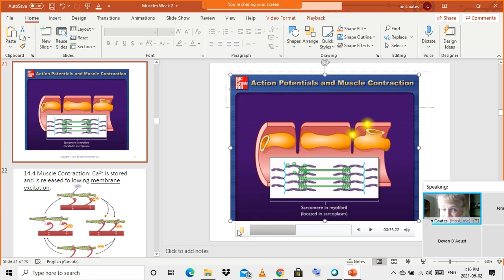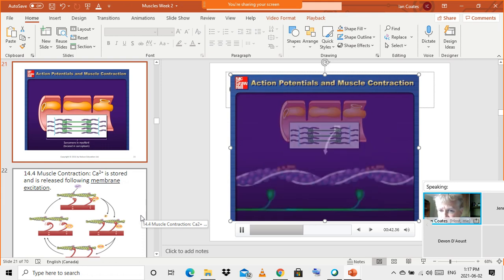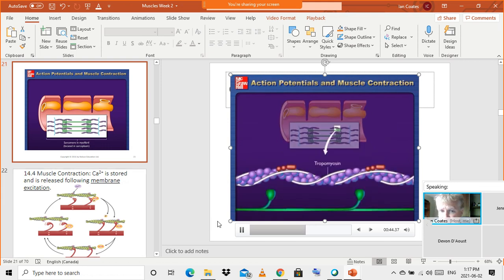Calcium ions then diffuse from the sarcoplasmic reticulum into the sarcoplasm. Long filamentous tropomyosin proteins lie on two sides of the actin myofilament, covering up the sites where myosin can bind to the actin myofilament.